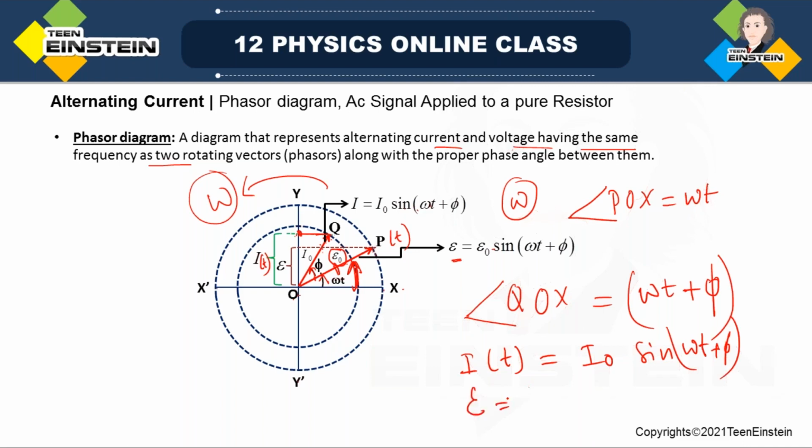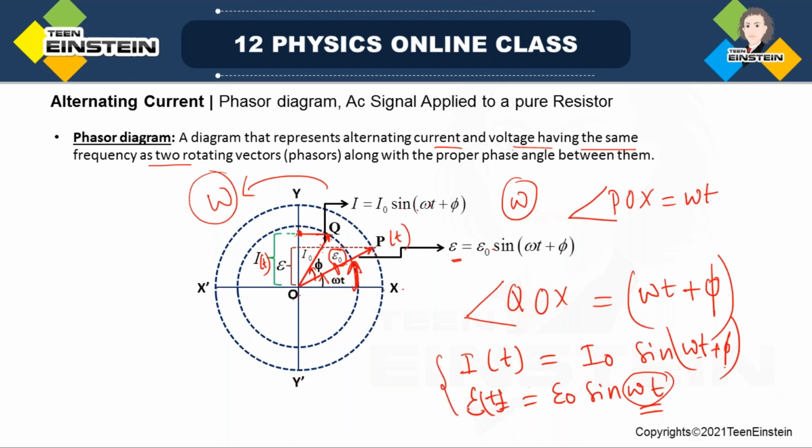And E, the instantaneous value, is E0 sine omega t. So the EMF has phase omega t, whereas the current has omega t plus phi.